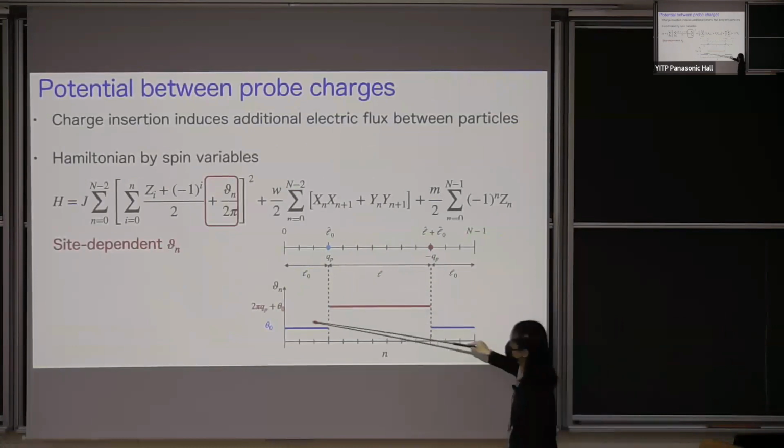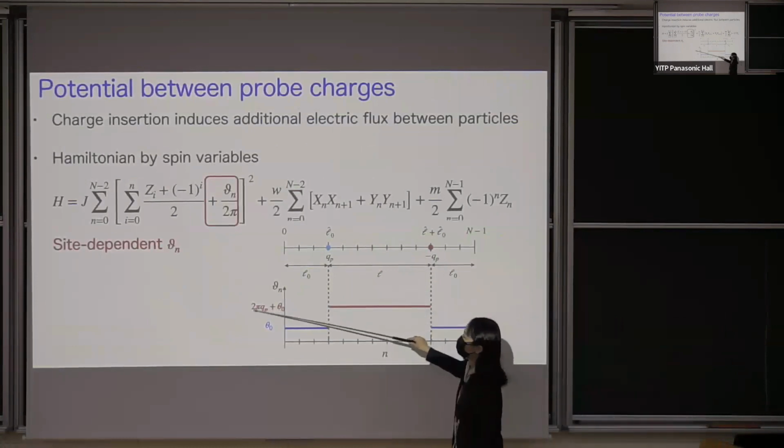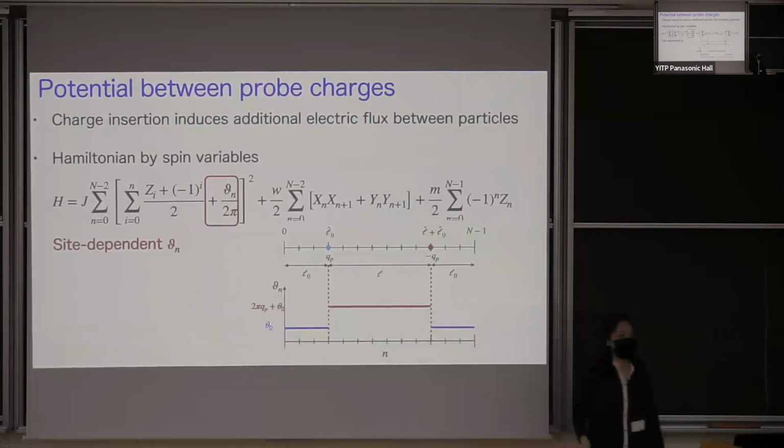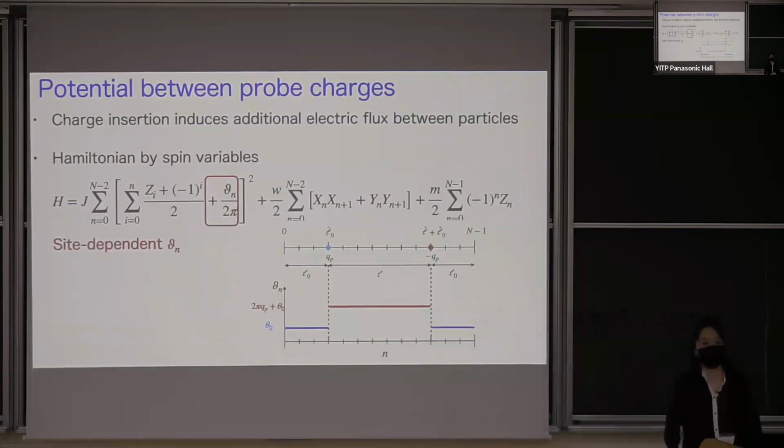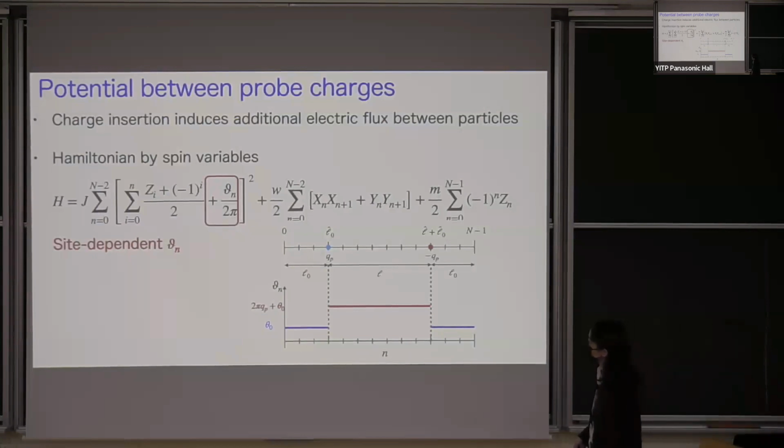I think this is because we rewrite the gauge degrees of freedom in terms of spin language, and this potential represents the source. Such a sudden change of theta represents the existence of charge.